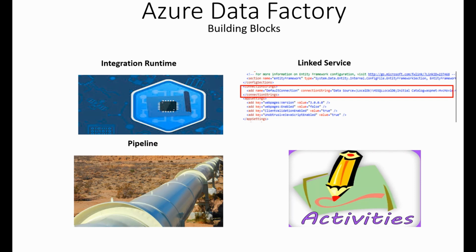And so that's where you will use Azure IR. Then the third one is SSIS IR, which is basically for when you want to lift and shift your SSIS packages. If you want to run the SSIS packages with the help of Azure Data Factory, then you can use that SSIS IR.